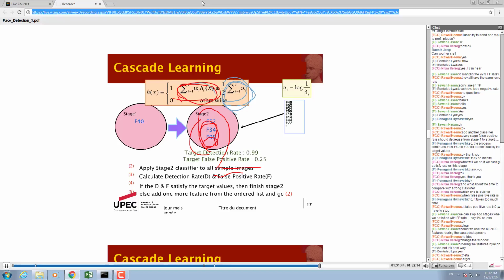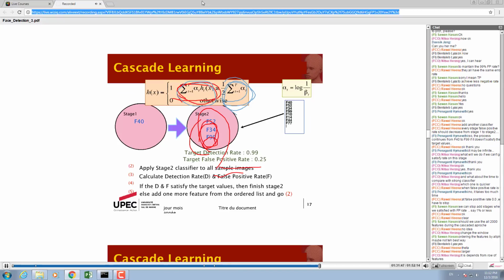So by lowering the threshold, it means we are allowing, just based on this formula, let me show you this one again. In this formula, when the sum of the alpha-weighted weak classifiers is larger than the threshold, then it is face, right? If we lower the threshold, it means more windows, more samples will be determined as face.